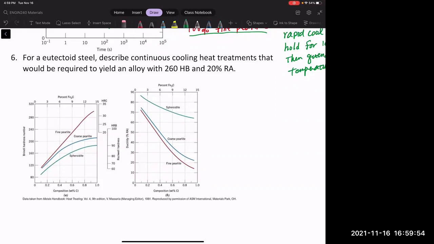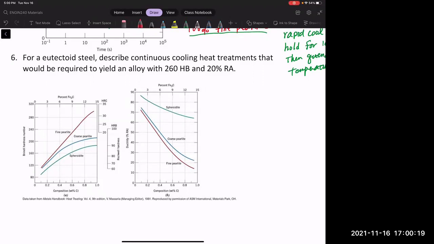The first thing you do is find out what the carbon composition is if you want to generate this kind of material. They give you two graphs. On the left-hand side, you have a hardness graph against the percentage of carbon composition, so use this first one.